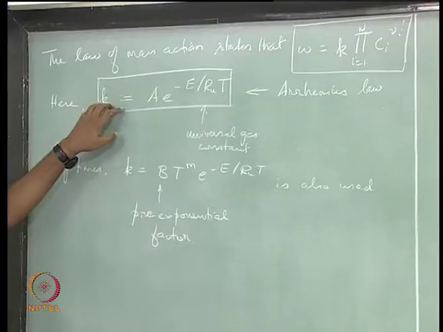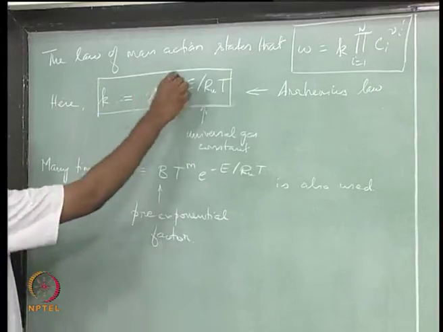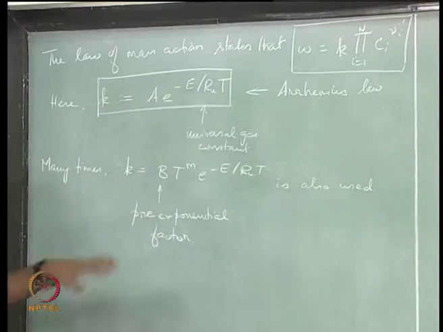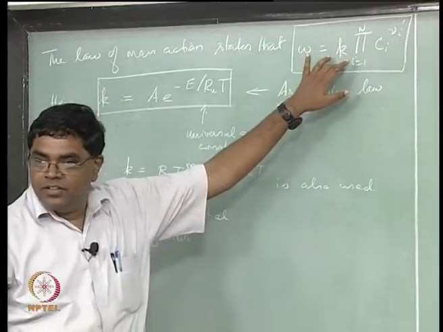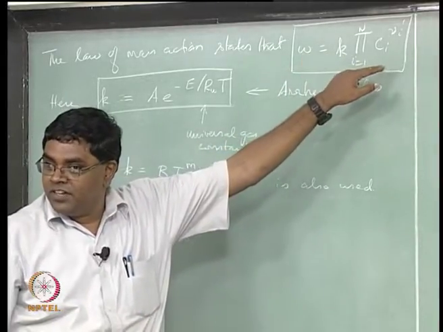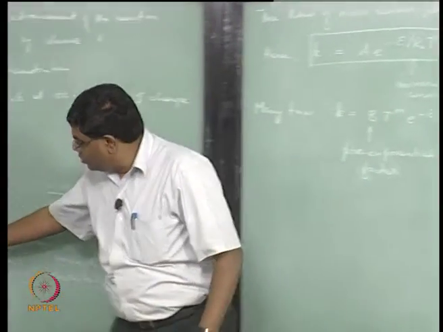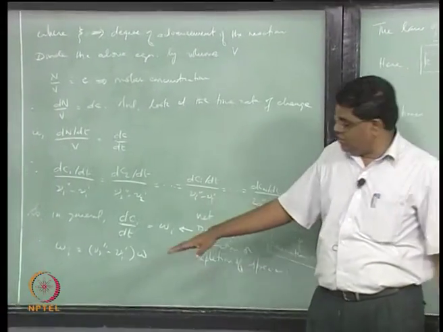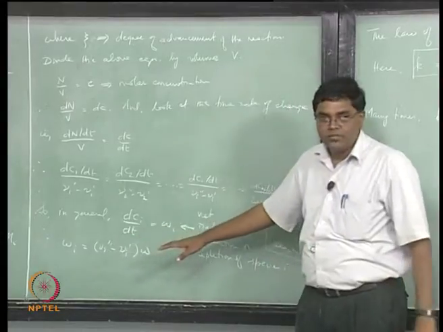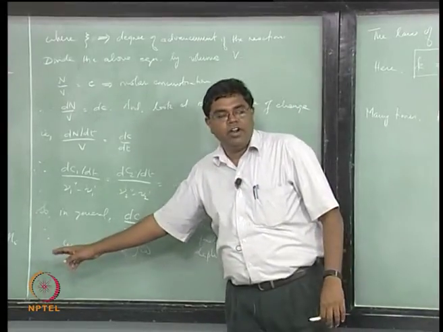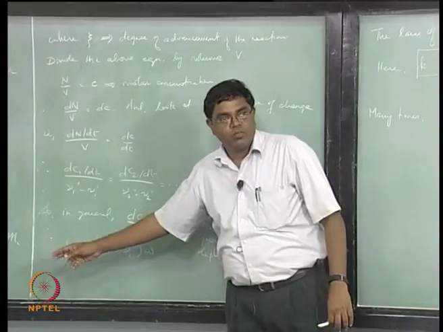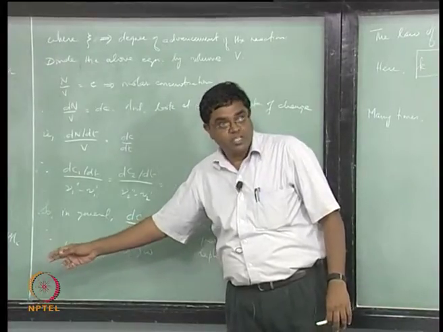You will get some value for different values of A, E and so on, and you plug it in there. I will tell you the concentration of the methane and the concentration of oxygen, plug them in, and then you know the reactions, the nu I double prime and nu I single prime. Then you can find the rate of production of carbon dioxide, or of water, or the rate of depletion of methane.